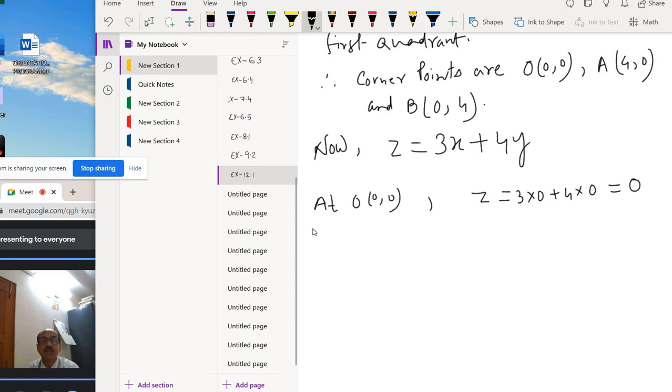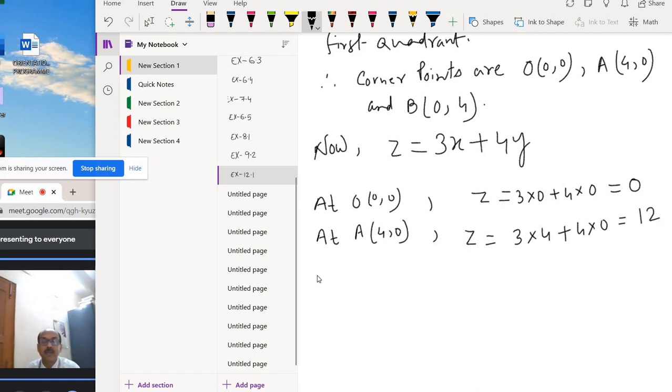Then at A (4, 0), the value of z is 3 into 4 plus 4 into 0, equal to 12.